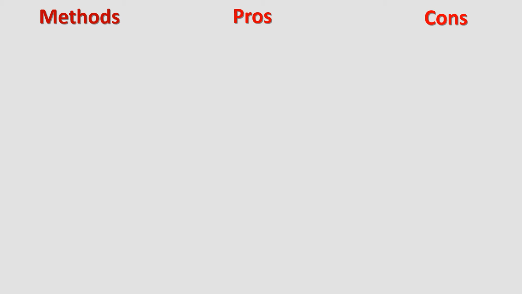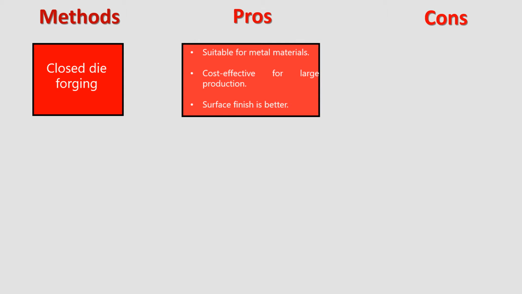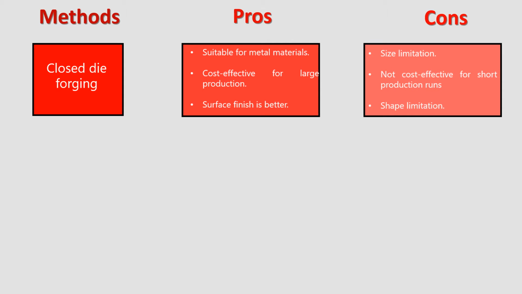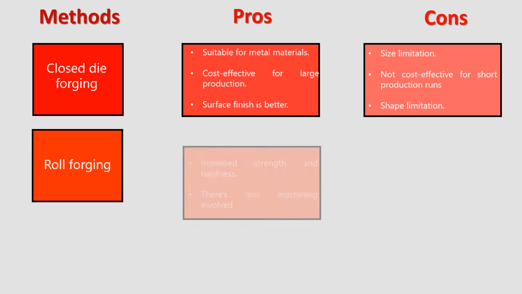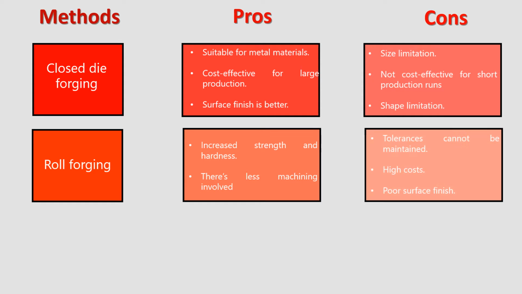The first one is closed die forging. One of the advantages of using closed die forging is that it's suitable for metal materials. One of the disadvantages is that it has size limitations. The next is roll forging. In the case of roll forging, one of the advantages is that it increases the strength and hardness of the metal, and one of the disadvantages is that it has high cost.